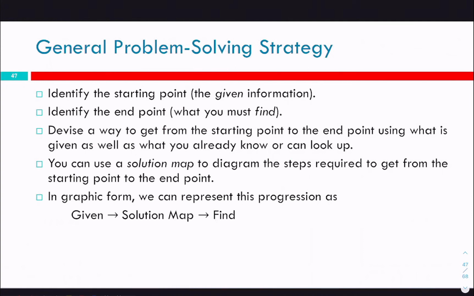So identify your starting point, identify the end point. What am I given? What am I trying to find? And then devise a way to get from the starting point to the end point using what is given as well as what you already know or can look up. It's kind of summarizing into one sentence the whole trick to these unit conversion word problems. And to do that, you can use a solution map.